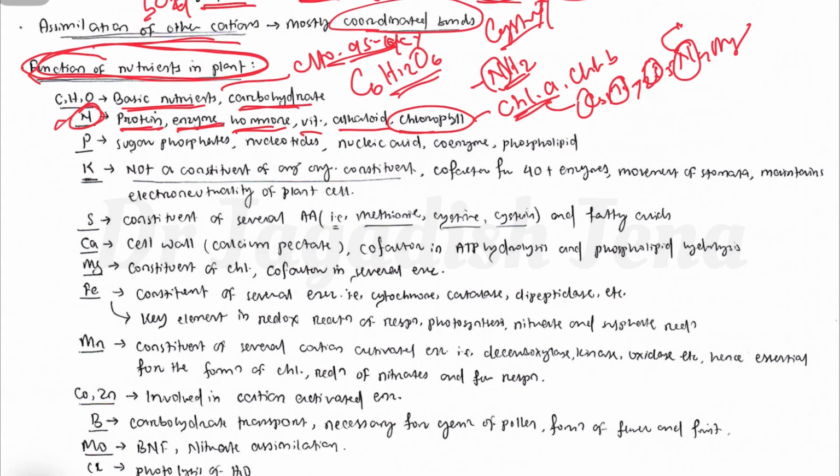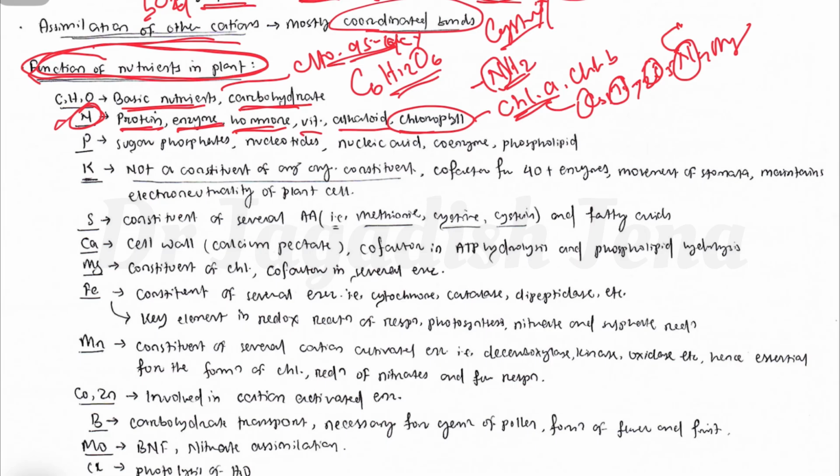So nitrogen is also a part of chlorophyll, and nitrogen provides greenness in the plant. The more the nitrogen, the more the chlorophyll will be there. When nitrogen deficiency is there, you can get chlorosis, that means the yellowing of the leaf. Chlorophyll degradation starts and yellowing of the leaf happens.